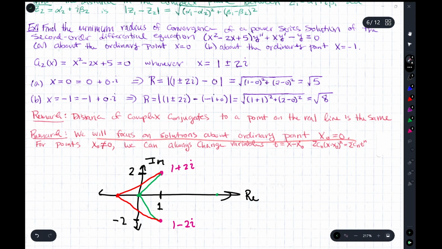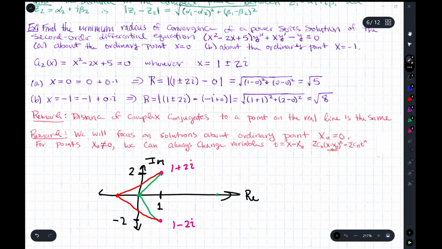And we will focus on solutions about the ordinary point x naught equals 0. For points x naught not equal to 0, we can always change variables. If we did want to do a problem with an ordinary point, say minus 1 there, we could define a new variable t equal to x plus 1, or x minus negative 1, and basically shift.